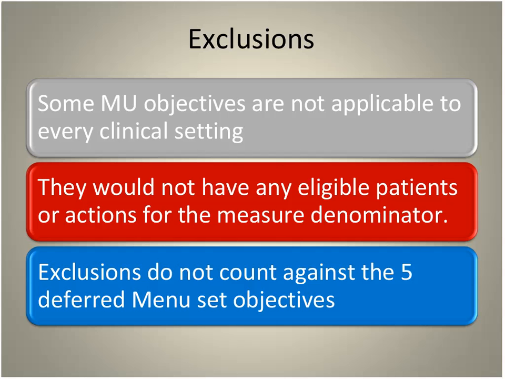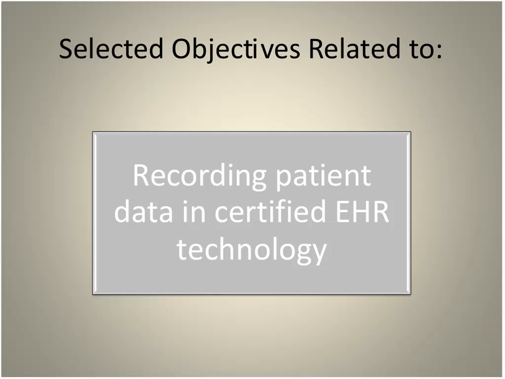Okay? So, again, trying to make this clear structure before we actually get into specific objectives. What we're going to do is cover recording patient data in the certified EHR, and we all know we have to have the certified product from HHS, from an authorized testing and certification body.